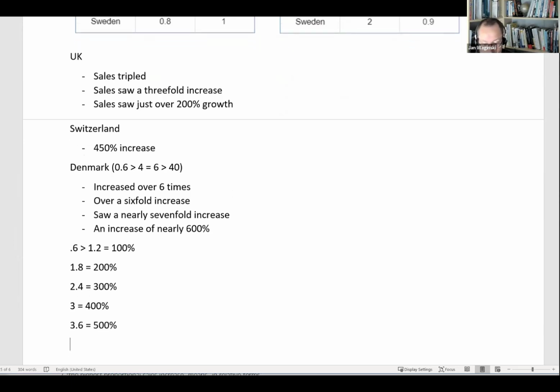And then if it went all the way up to 4.2, it would be 600%. So an increase of nearly 600% because it only goes up to 4. But 6 times 7 is 42. So that's why we can say it's a nearly 7-fold increase.